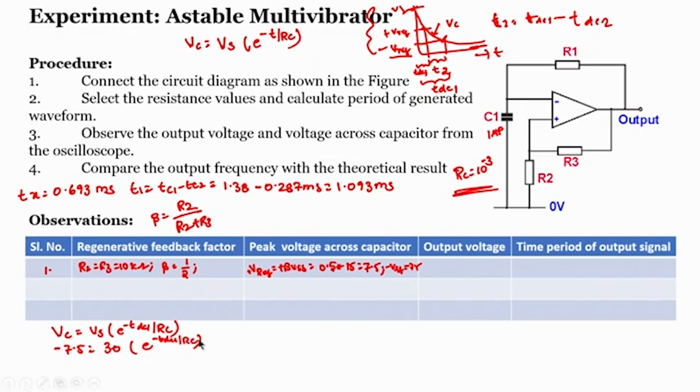If I calculate 7.5 by 30, which is 0.25, then 0.25 is equal to e power minus TDC1 by Rc. I can say my TDC1 is equal to Rc into log 0.25.